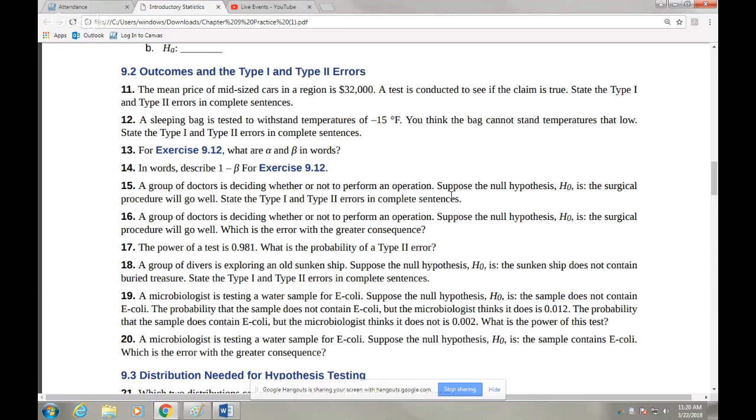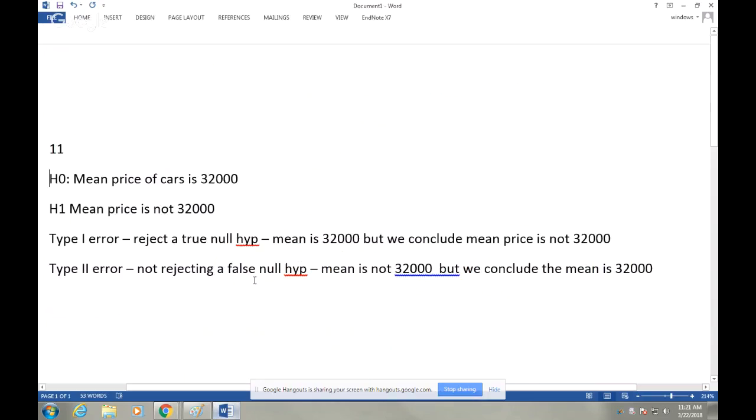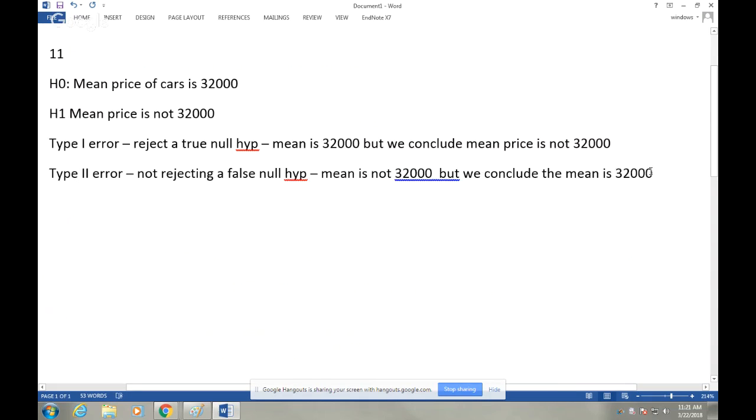Group of doctors deciding whether or not to perform an operation. Suppose the null hypothesis is procedure will go well. So let's go down to 15 here. Our null hypothesis is procedure will go well. So just for our sake, what would the alternative then be? Procedure will not go well. Okay. And so then we are asked to find type 1 and type 2 error.